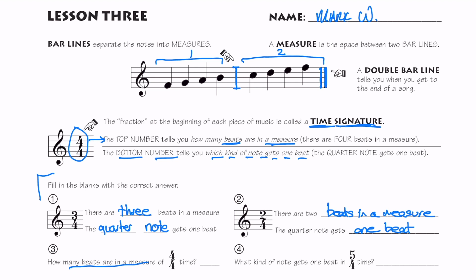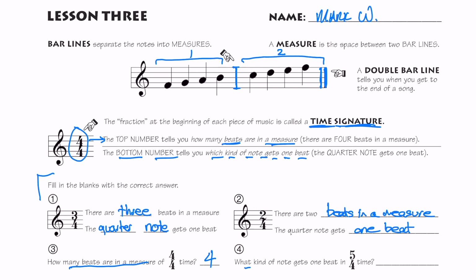Now, doing all of these and actually filling in the blanks is going to help you remember it. Anytime that you do something physical, as opposed to just learning it and watching me do it, like writing in these or filling in these blanks, you're going to remember it much better. Number 3, how many beats are in a measure of 4/4 time? Pretty simple, 4.